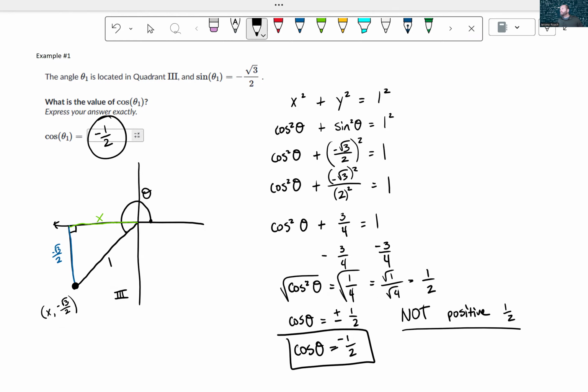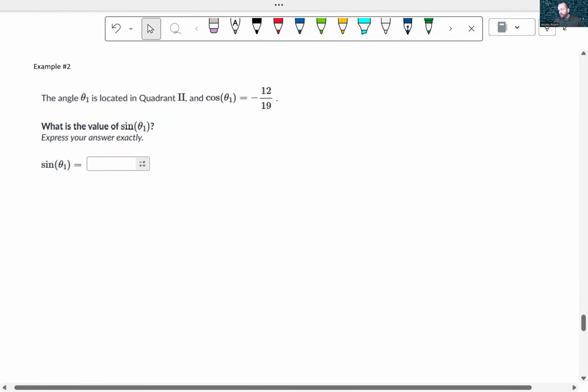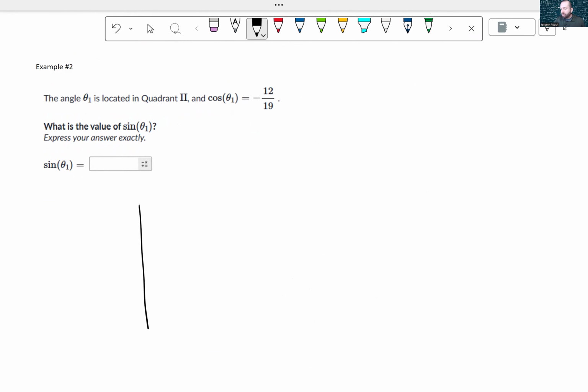Okay. Let's take a look at maybe just one more of these ones. So this says the angle is located in quadrant 2 now. And if we say that's in quadrant 2, that's this quadrant here.